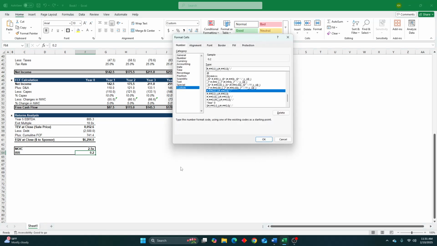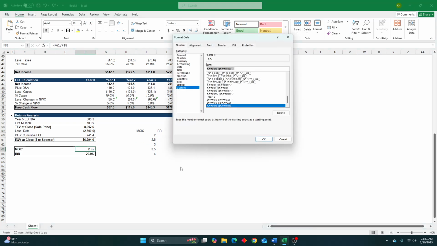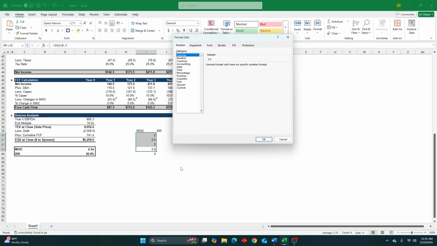And so you can look these up. They're not that complicated. Essentially, the way it works is we'll have our MOIC and IRR. For the approximate, you'll have 2 up to 3.5.